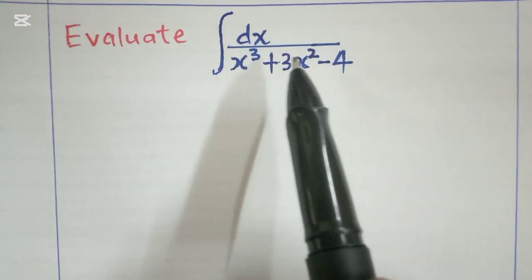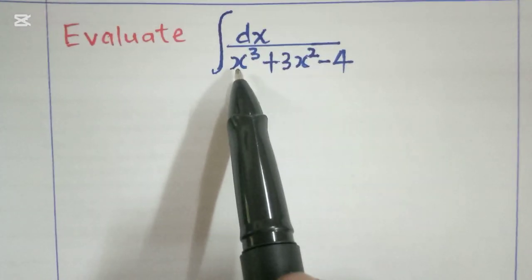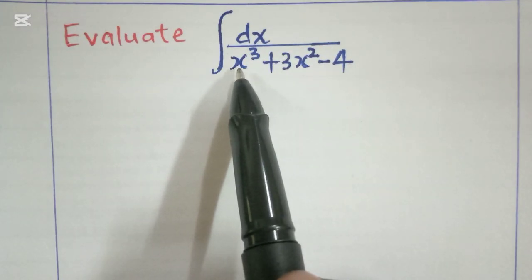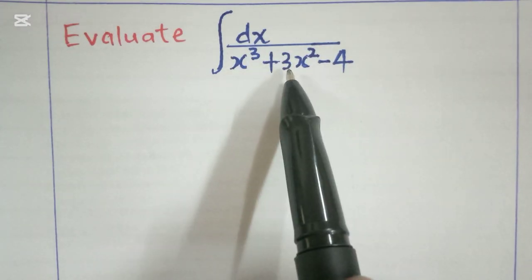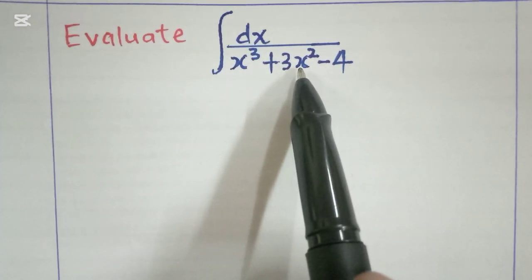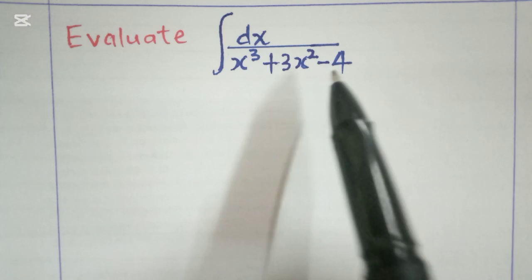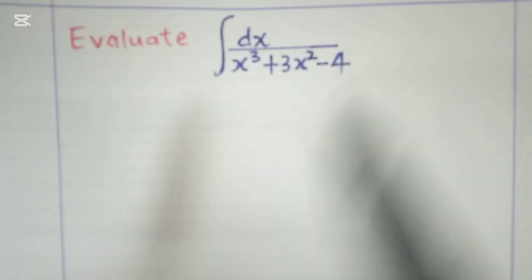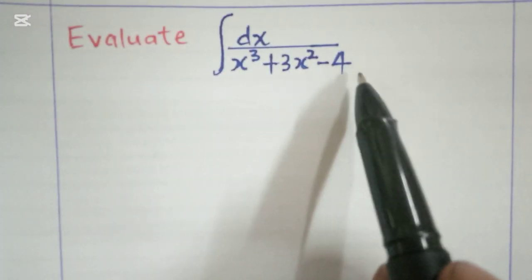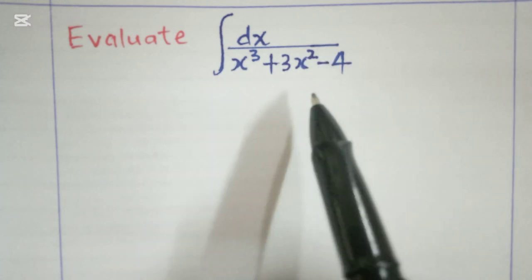For example, if I put 1 here, 1 cubed is 1 plus 3 times 1 squared, you find that this gives 4 minus 4 and it is equal to 0. In other words, we equate the polynomial to 0 to get our factors.